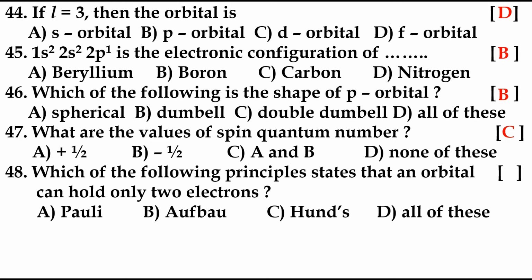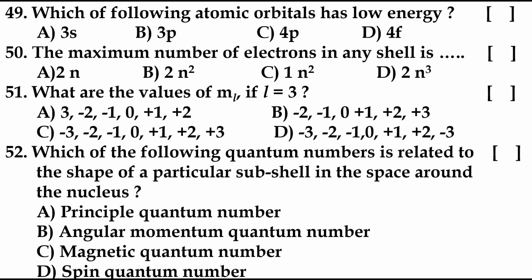48. Which of the following principles state that an orbital can hold only 2 electrons? A. Pauli, B. Aufbau, C. Hund's, D. All of these. Answer is option A, Pauli. 49. Which of the following atomic orbitals have low energy?